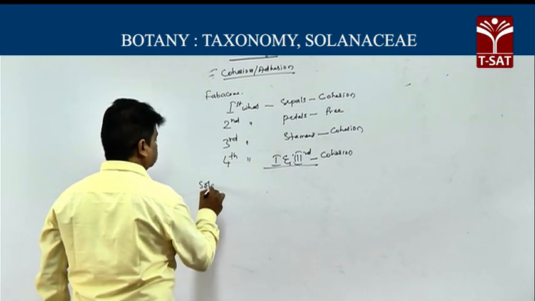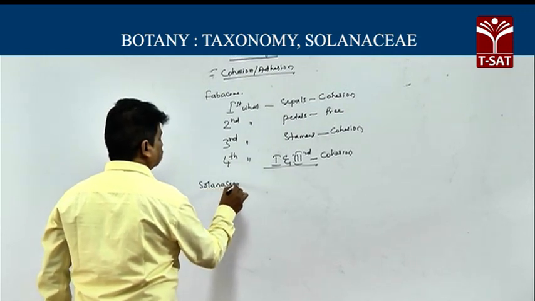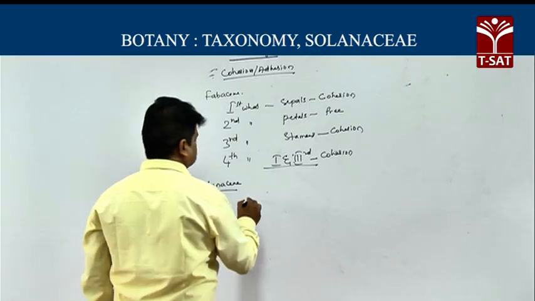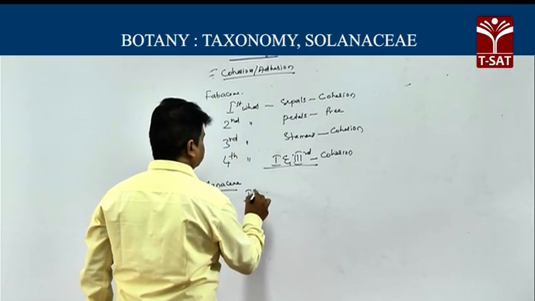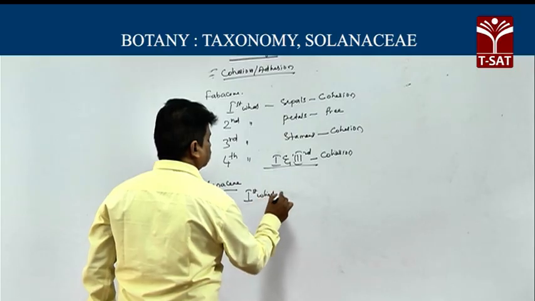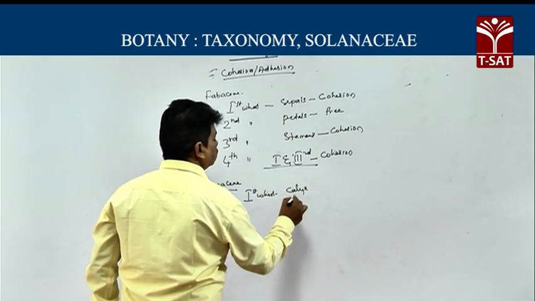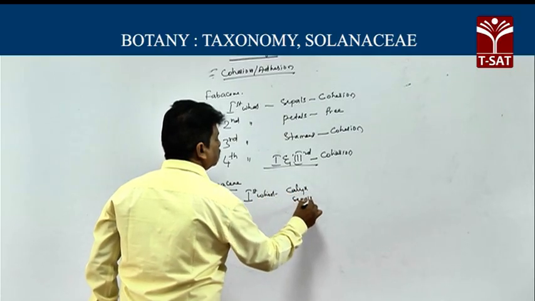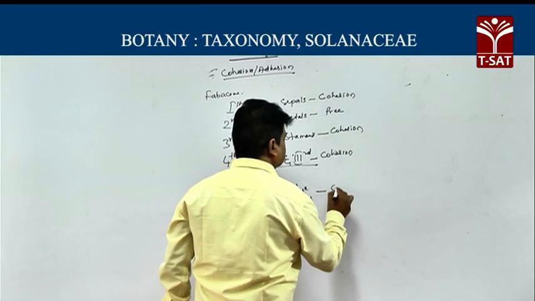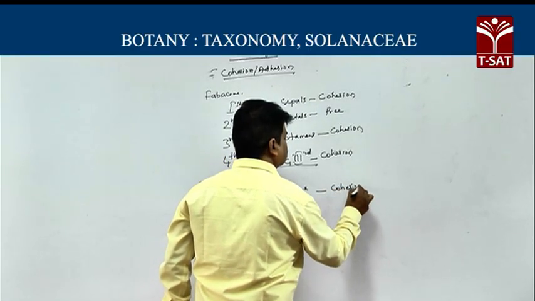Next one, Solanaceae. Solanaceae, first whorl calyx means sepals. Sepals fused, shows cohesion.